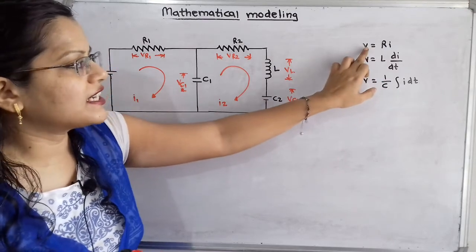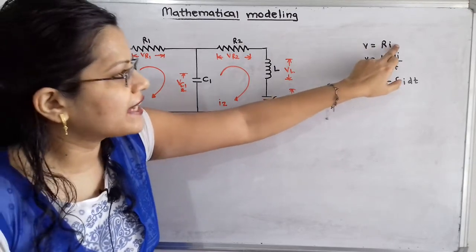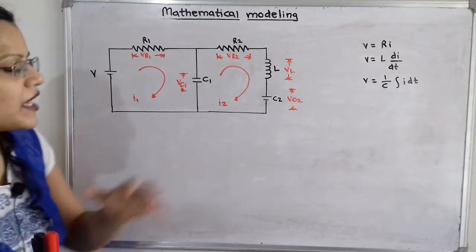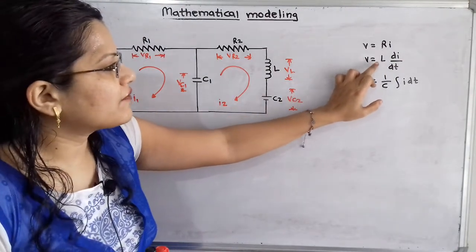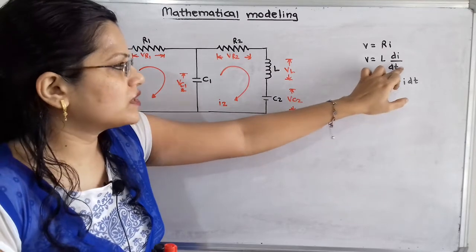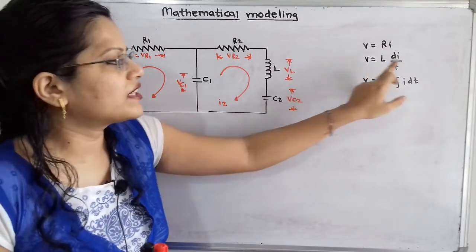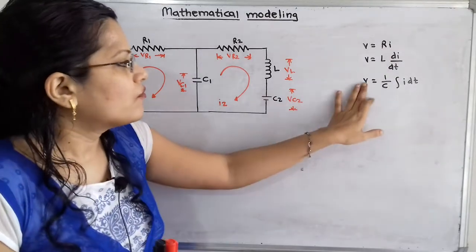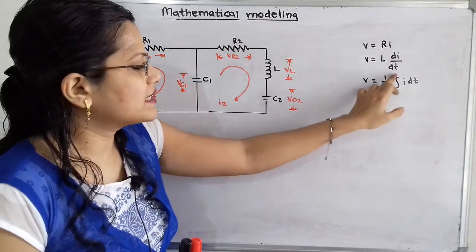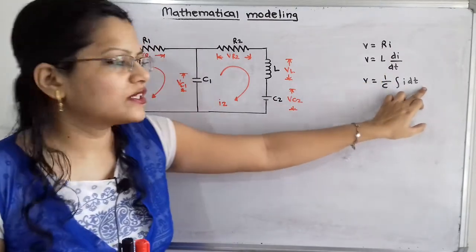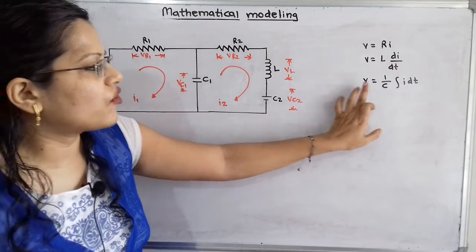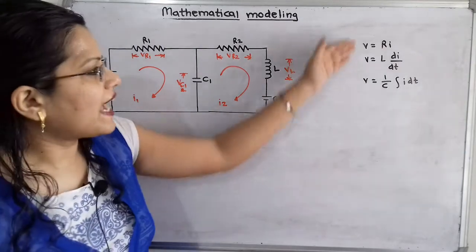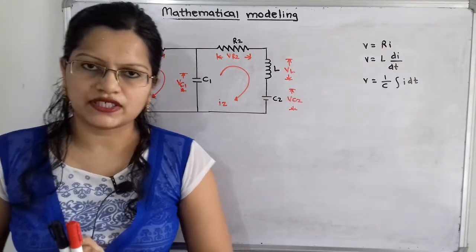This is the relation between voltage and current for resistor R. Then voltage V is equal to L di by dt. This is the relation between voltage and current for inductor L. Then voltage is equal to 1 by C integration of i dt. This is the equation in terms of voltage and current for capacitor C. So we have to use these three basic equations.